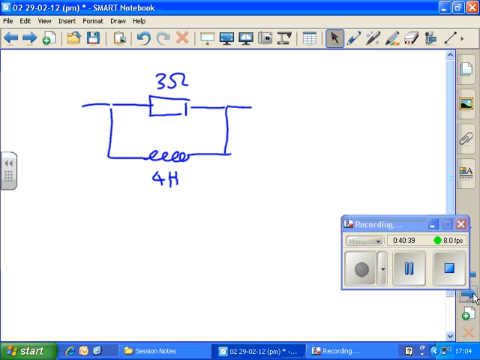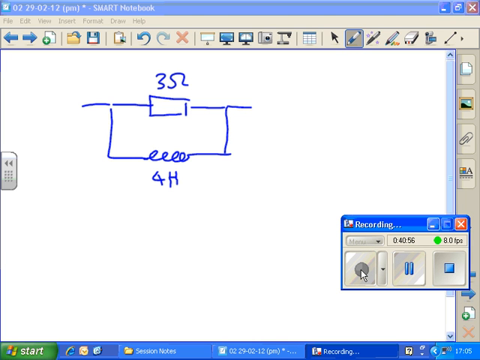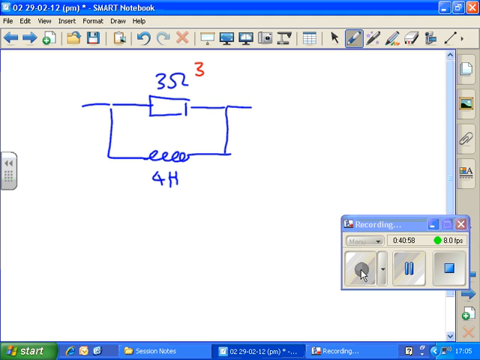First of all, write down what the s equivalents are. That resistance stays as it is, and this goes to just 4s. Yeah, not 1 over 4s, just 4s.